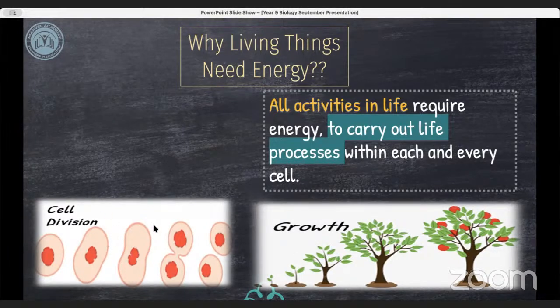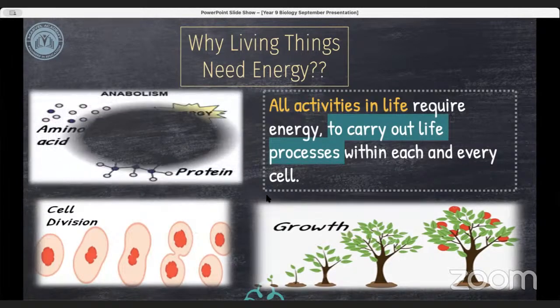In order to carry out growth or life processes, we need energy. This is cellular division, you can see the cells are divided. This process cannot be completed as it is, because it needs the help of some source of energy.